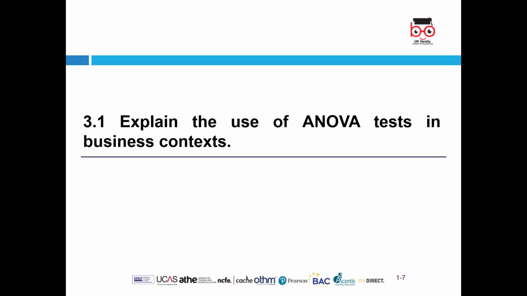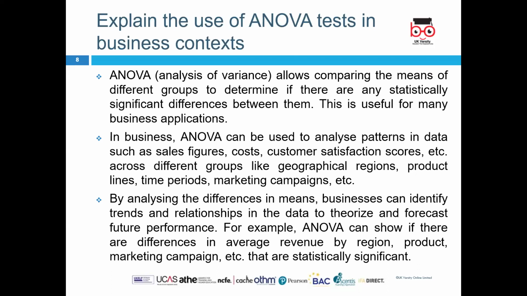So first we look into the use of ANOVA tests in business contexts. ANOVA, which is short for analysis of variance, allows comparing the means of different groups to determine if there are any statistical differences between the means of the different groups. This is useful for many business applications.